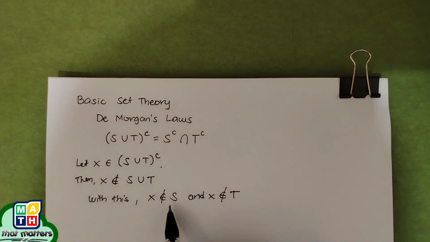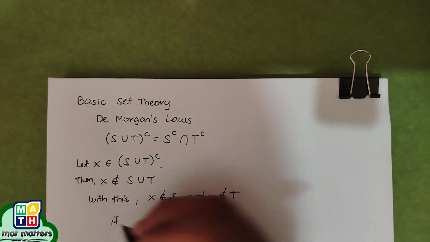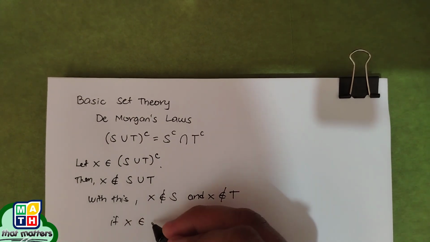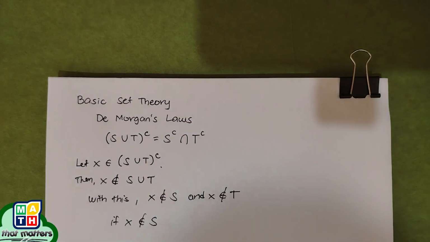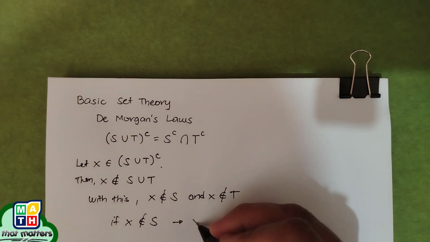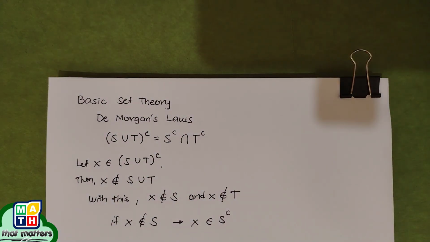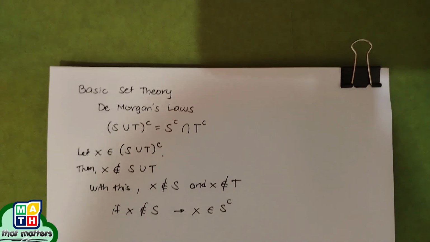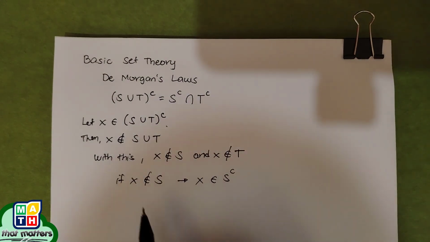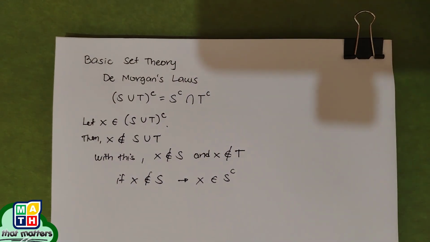What do we mean by this? If x is not an element of S, definitely we can say that x is an element of the complement of S. Because if one object is not an element of a set, then it's an element of its complement.